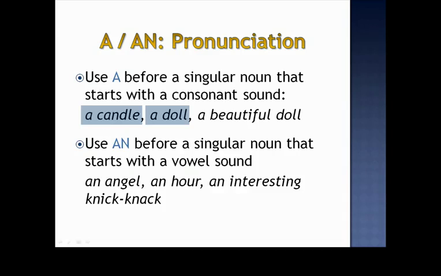Now we may have a singular noun all by itself, or the noun can be in a phrase, as in a beautiful doll. We're still talking about one doll, a doll, but we have the adjective beautiful. Beautiful begins with the consonant sound b, beautiful. So we need a beautiful doll.